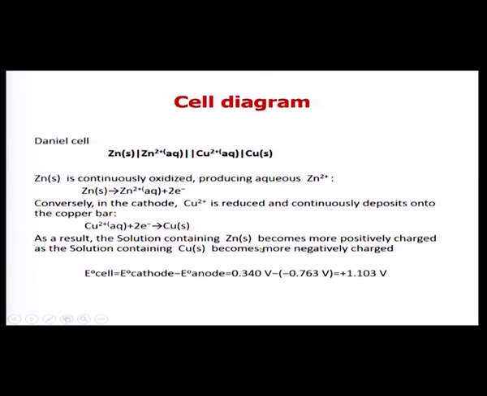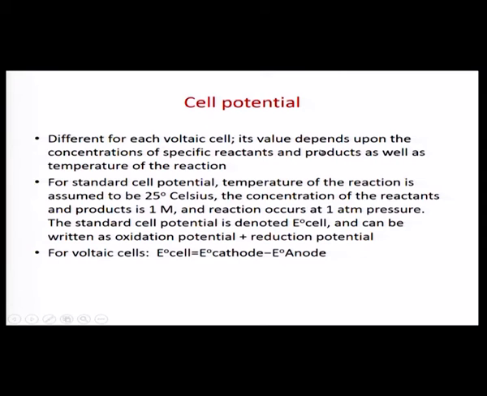This can be converted into energy, and the cell potential is very important, as it is different for each voltaic cell. The Daniell cell we have seen is 1.1 volt positive, and its value depends upon the concentration of specific reactants and products as well as the temperature of the reaction.